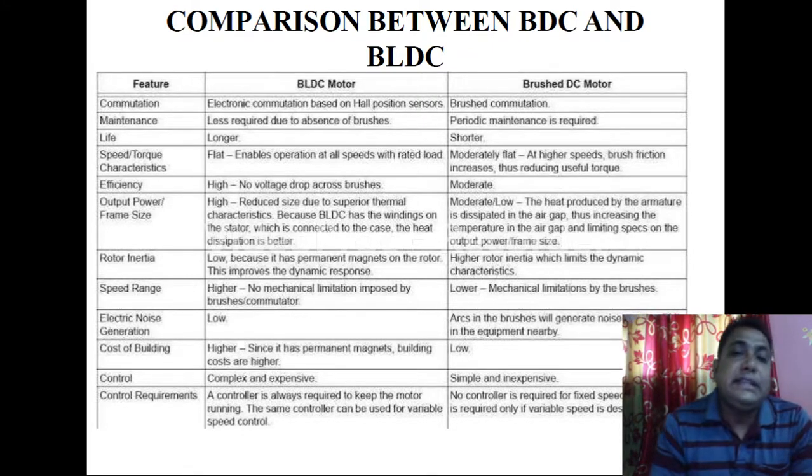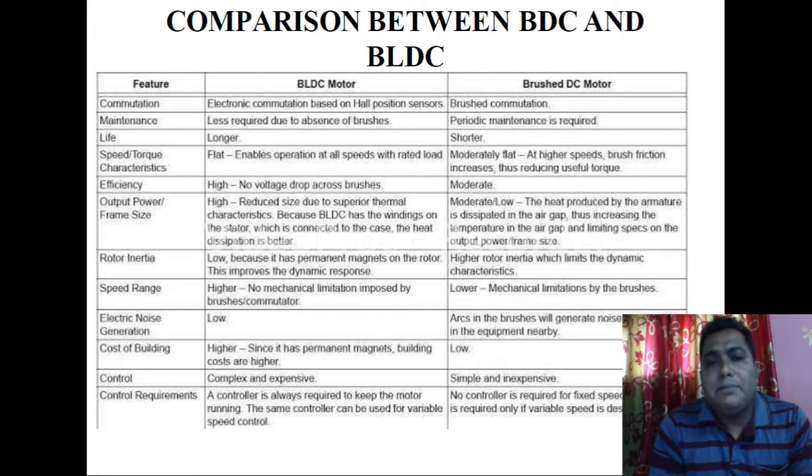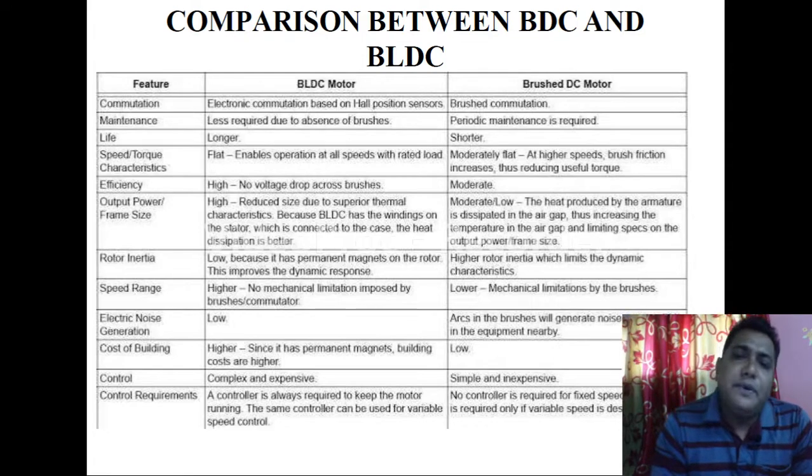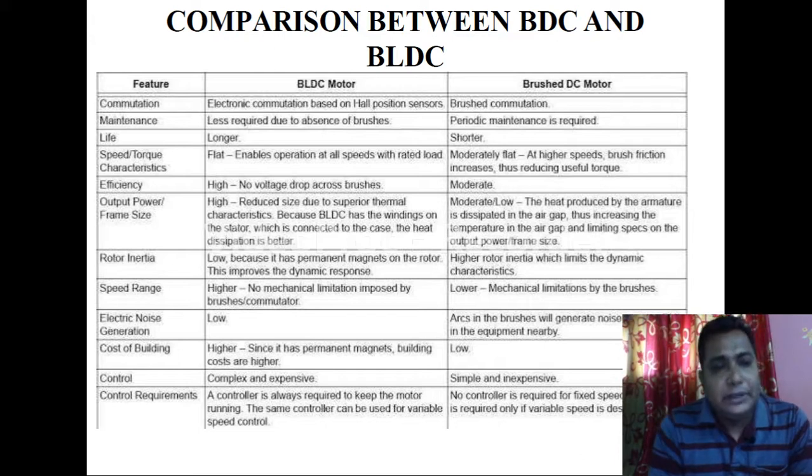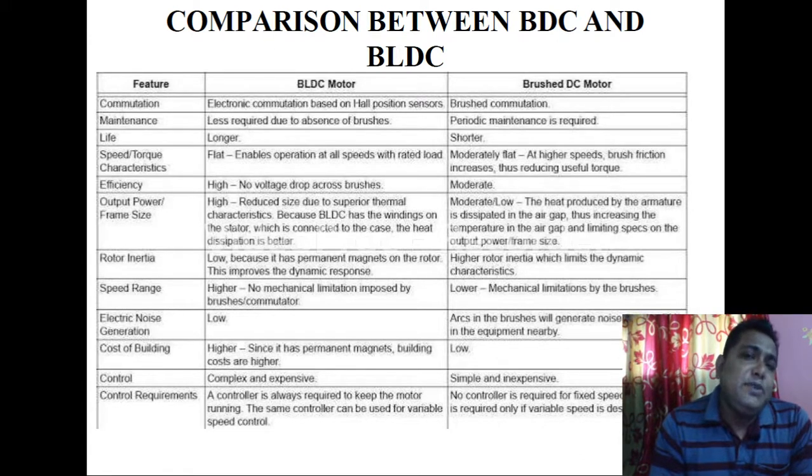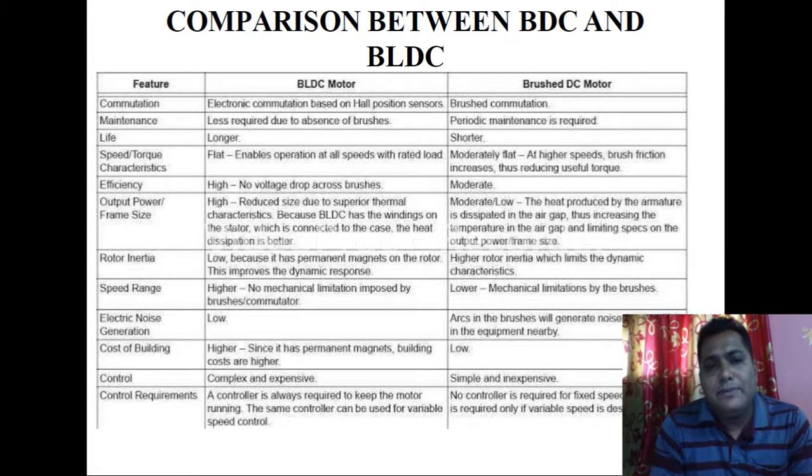Maintenance: less maintenance is required due to the absence of the brushes, and in case of brushed DC motors, periodic maintenance is required. So in case of a BLDC motor the life is long, but in case of a brushed DC motor the life is not long.